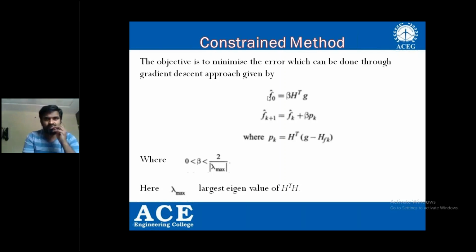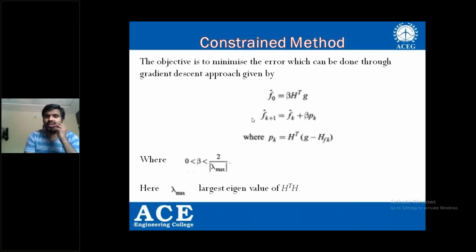In that process, we calculated f naught cap in terms of h transpose h, and this h transpose h is represented in terms of beta. The beta value lies between 0 and 2 by lambda max, where lambda max is the eigenvalue. Why? Because it is a matrix, and from the matrix we take the eigenvalue, right?